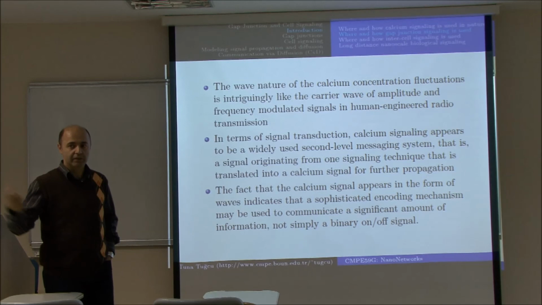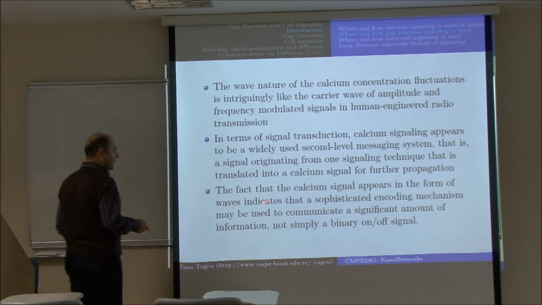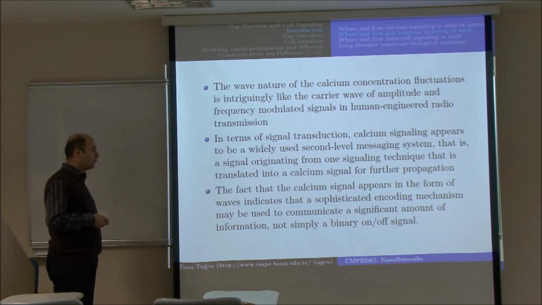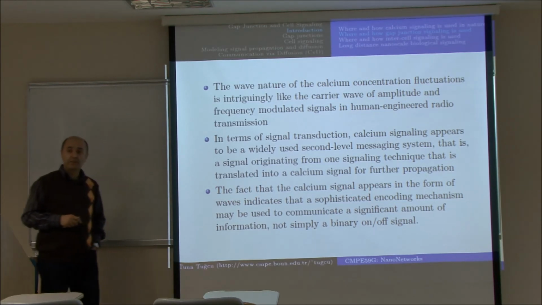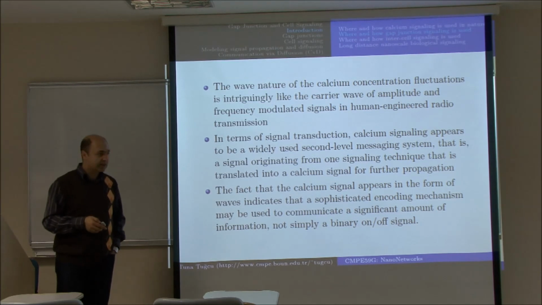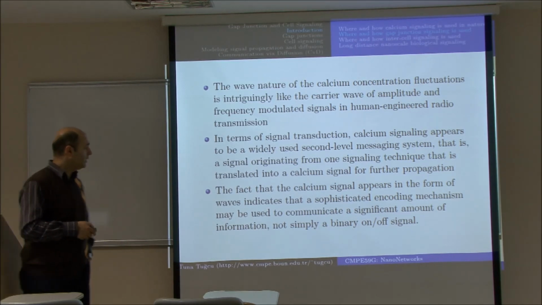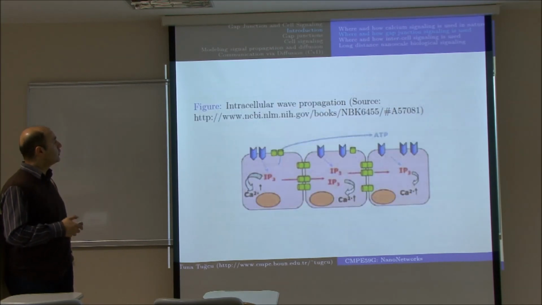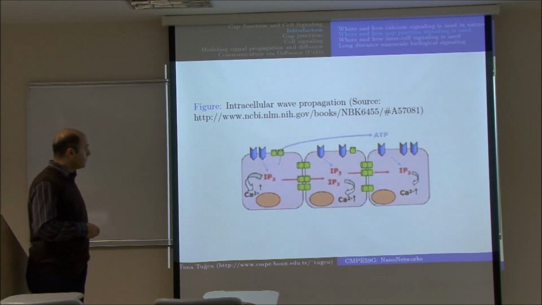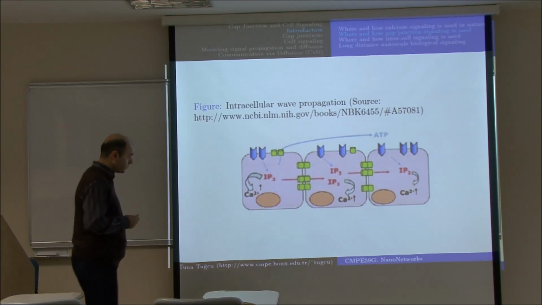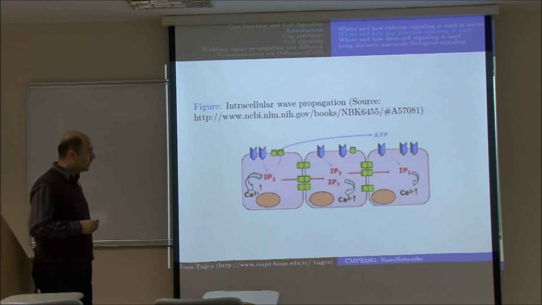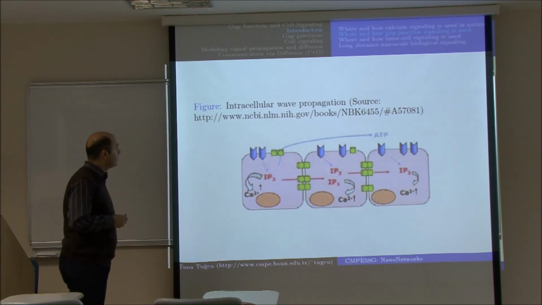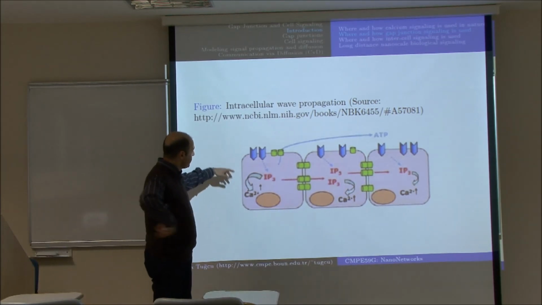Something else will be doing this for us. And the fact that the calcium signal appears in the form of waves indicates that there's a sophisticated encoding mechanism in nature inside the cells, rather than simply binary on-off signals. So this is a very brief demonstration of how calcium signaling works on the one type.